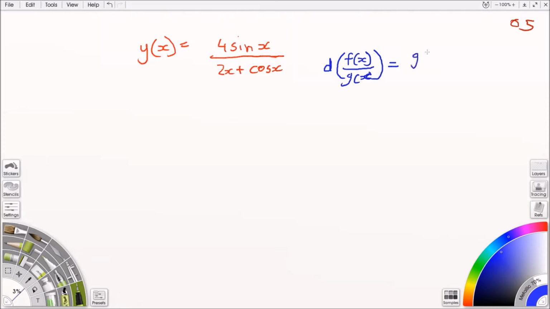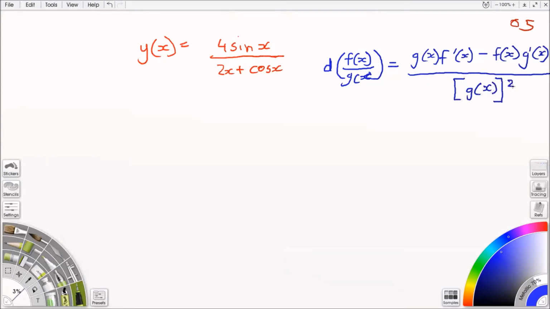So it's g of x f dash x minus, and then I think it's f of x g dash x. This part's the easy part to remember. You just got to remember the g of x squared on the bottom. And we check. That's it.